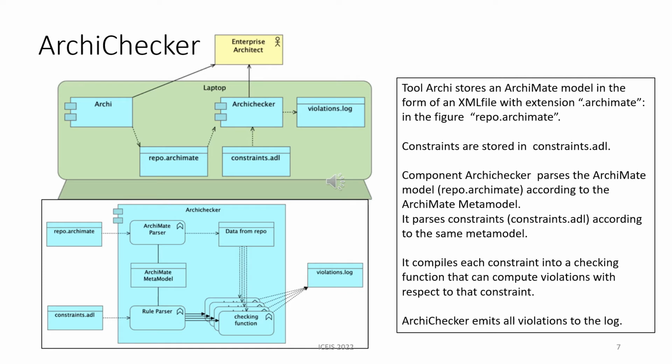Our component, ArchiChecker, parses the ArchiMate model, repo ArchiMate, and the constraints.adl, according to the same meta model. It compiles each constraint into a checking function that can compute violations with respect to that constraint. ArchiChecker emits all violations in the log.